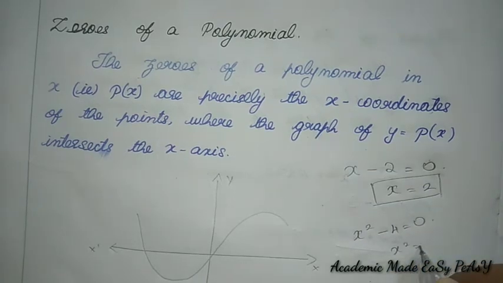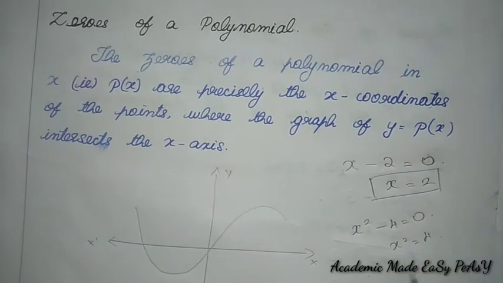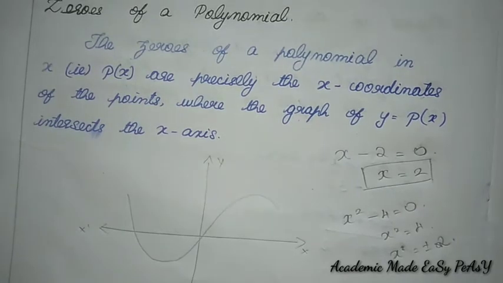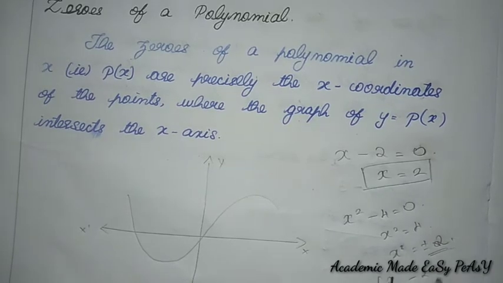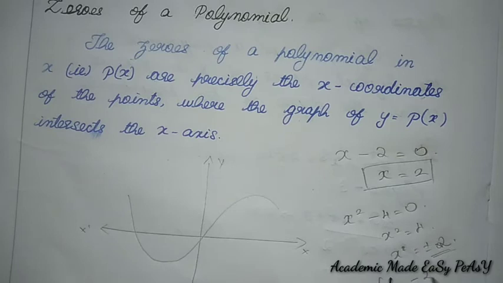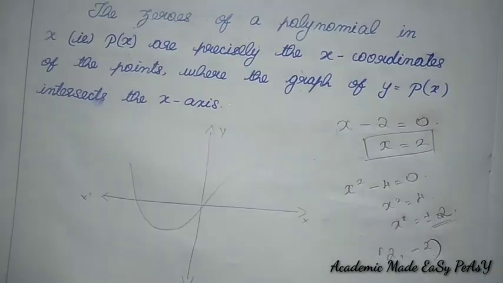So x square is equal to plus 4, isn't it? So x is equal to plus or minus 2. This is my answer, isn't it? So therefore I will say that the zeros of the polynomial are plus 2 and minus 2.